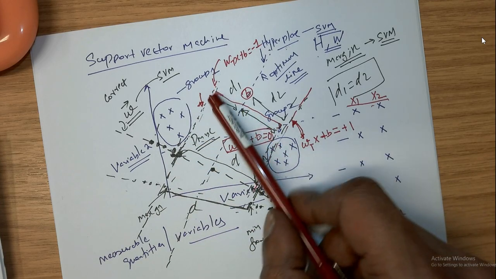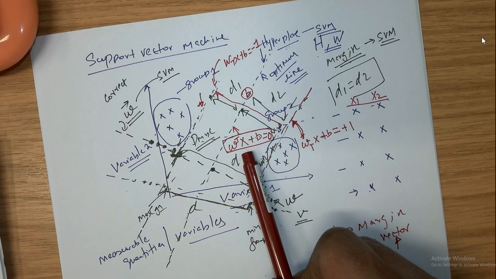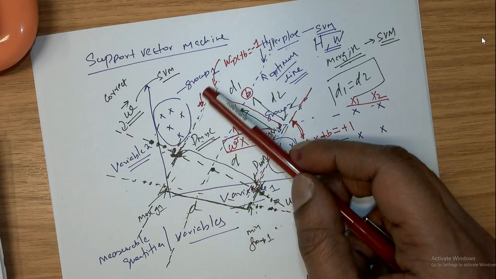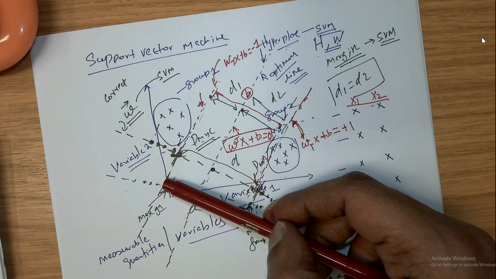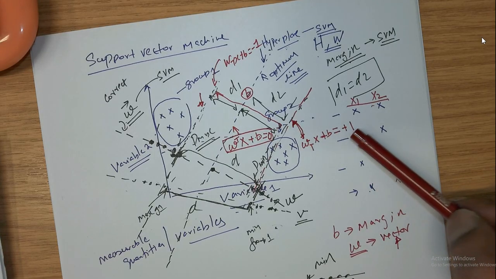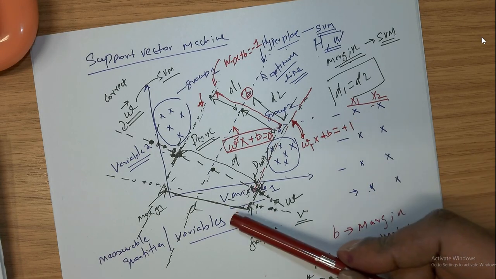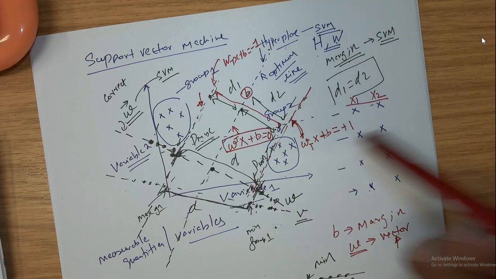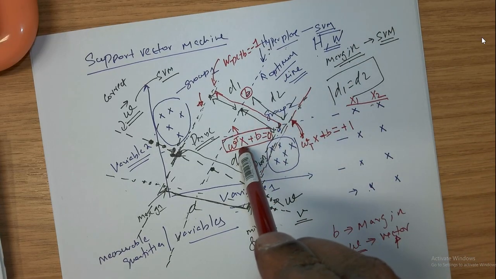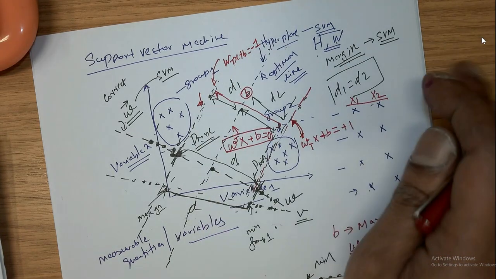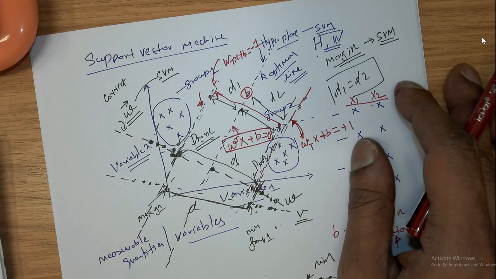So that will be exactly equal to w^T x + b = -1 for one category that belongs to this group, and another one will be w^T x + b = +1. This is another equation of line for this support vector. So we can prove these three equations hold true when you solve a problem. So that's everything about support vector machine.